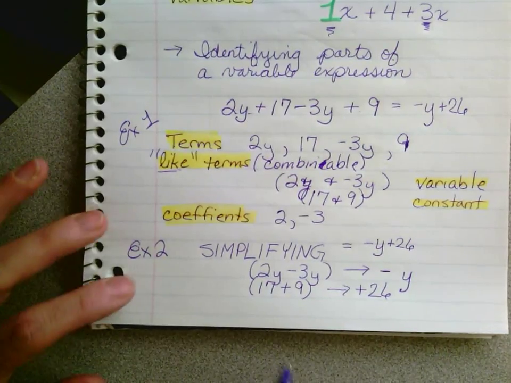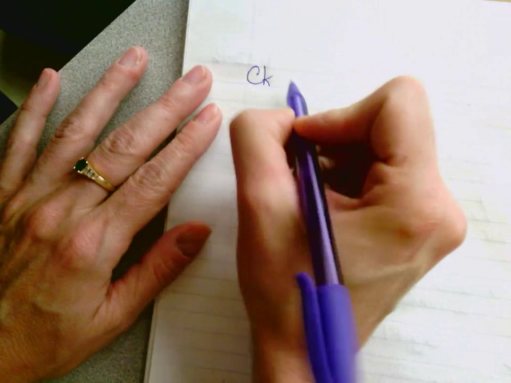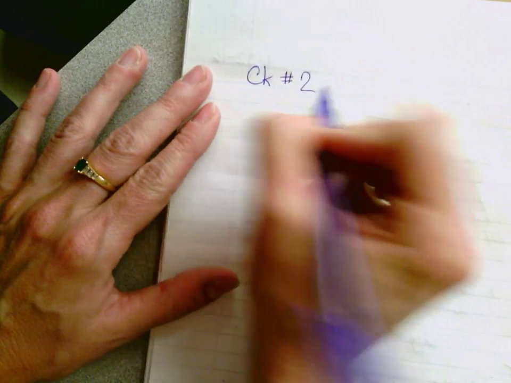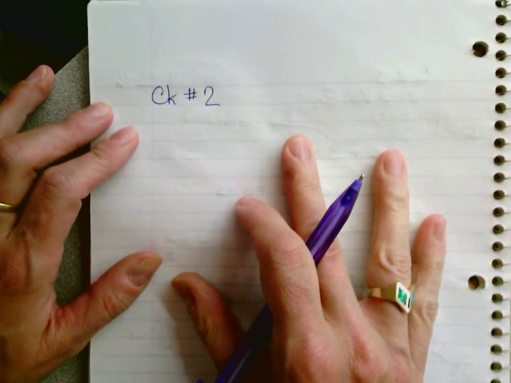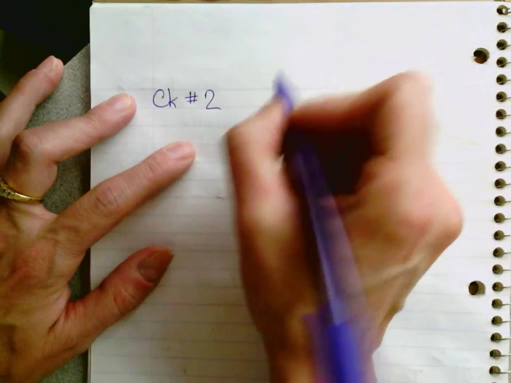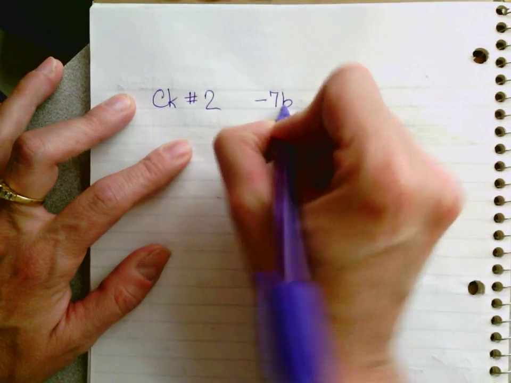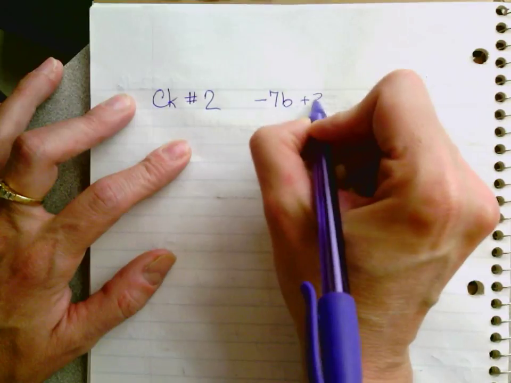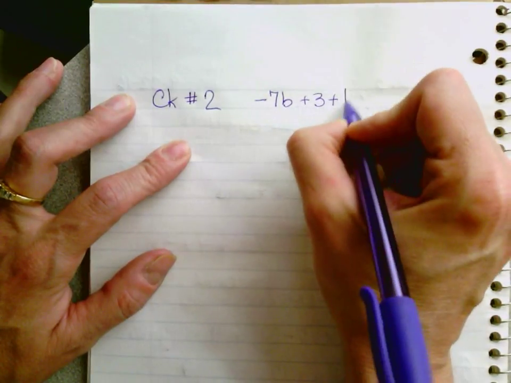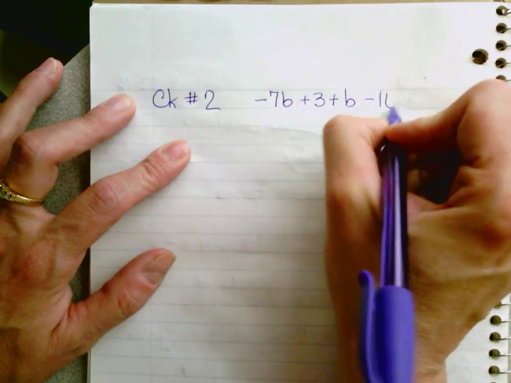Let's do checkpoint number 2 together. It is negative 7b plus 3 plus b minus 10.